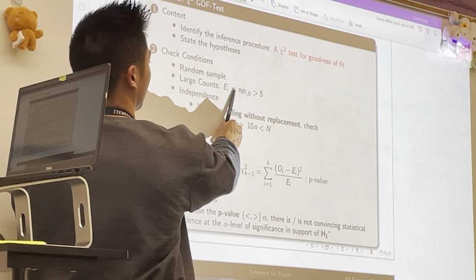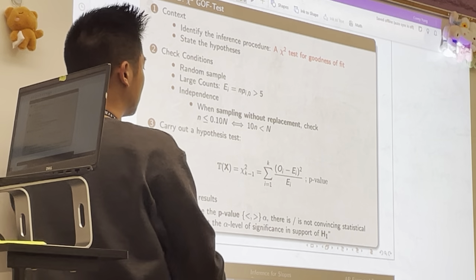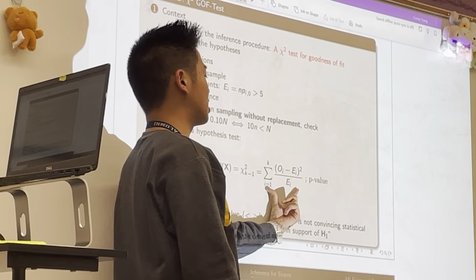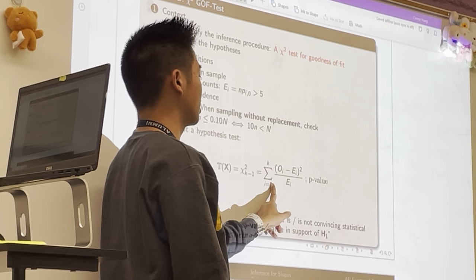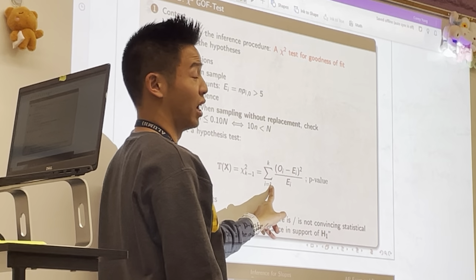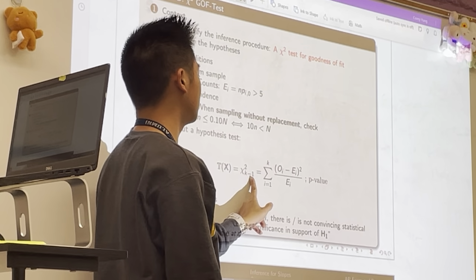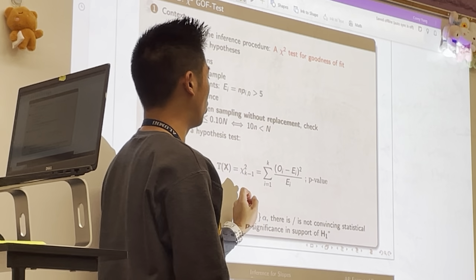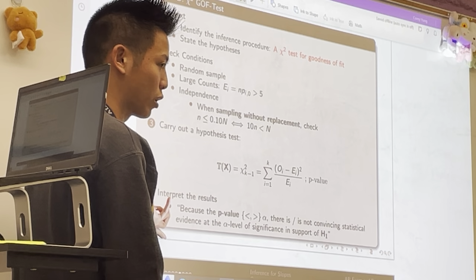That's just the expected counts must be greater than 5. And then you carry out your hypothesis test. The test statistic is this guy right here, O minus E squared divided by E, and you take the sum across all classes that we have. So our chi-square random variable, if it has k classes, has degrees of freedom k minus 1. We get a p-value, and then we interpret the results exactly as before.